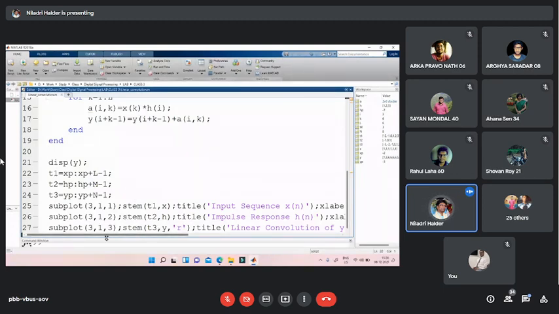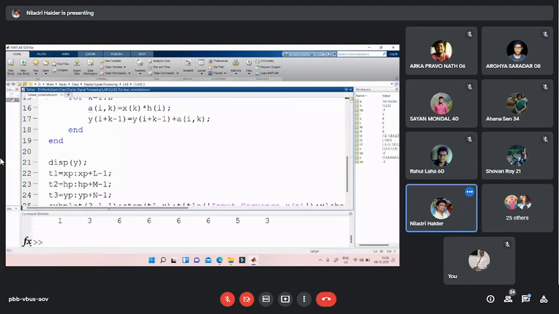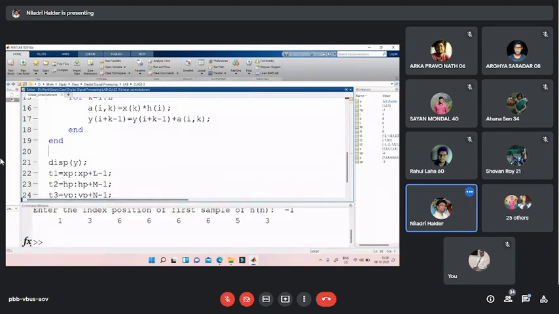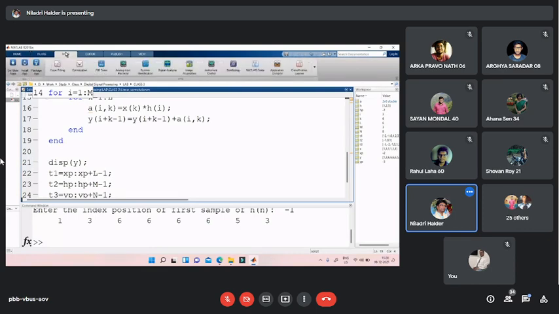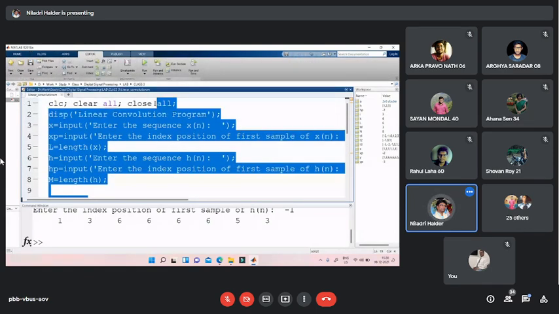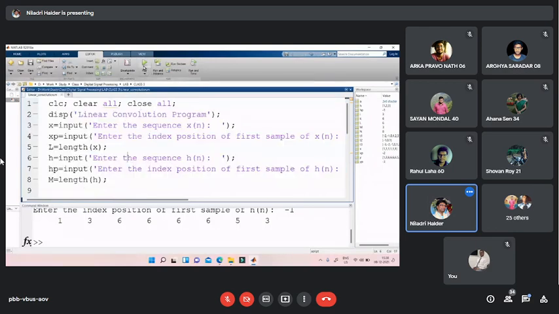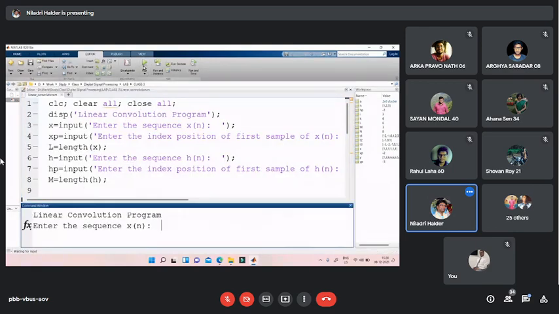If we run that code, first it asks: enter the sequence.